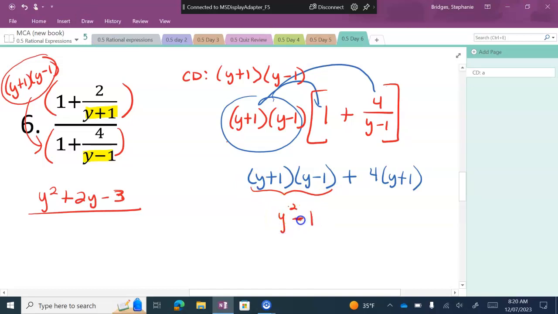Y squared minus 1, okay. Then I'm going to distribute that 4y, or that 4, to the y and the 1. Then I want to combine my like terms. What's that going to be? Y squared plus 4y, what? Plus 3.